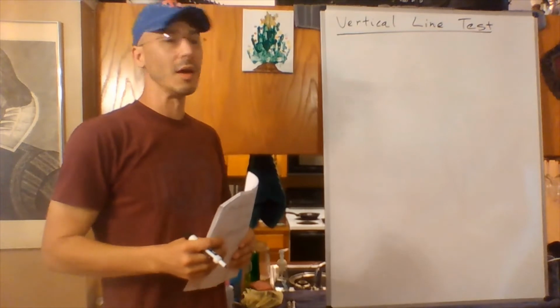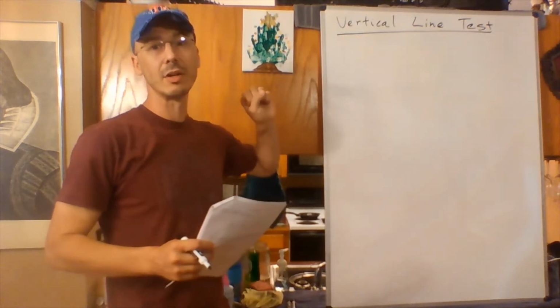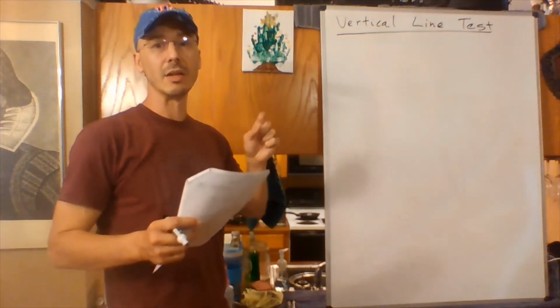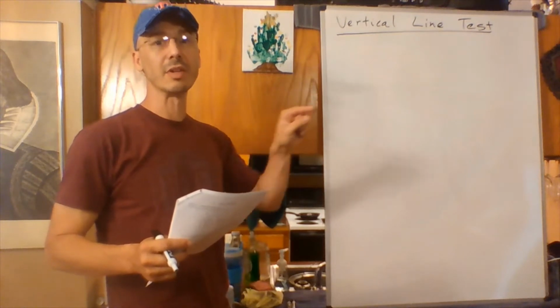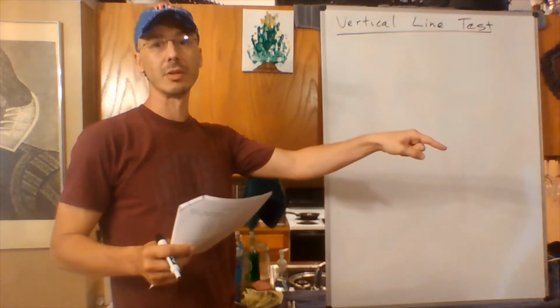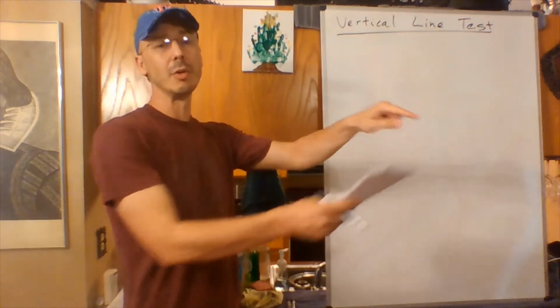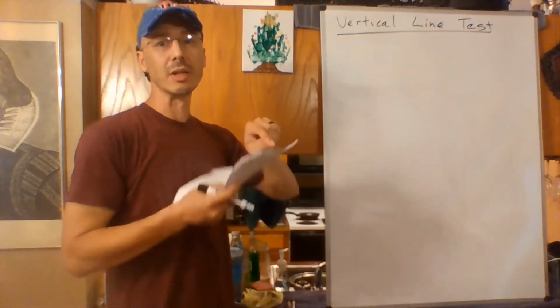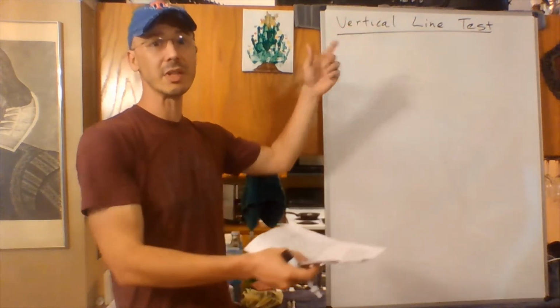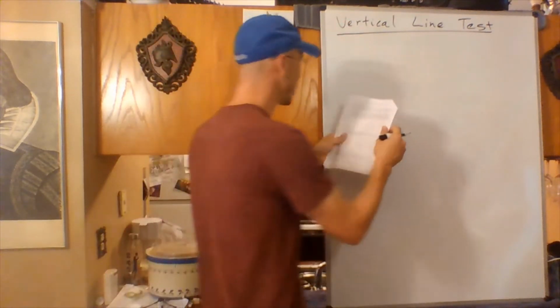And if you remember from the definition of a function, an input should have exactly one output. You can have different inputs that have the same output, but one input can't have different outputs. And this is reflected in the vertical line test.